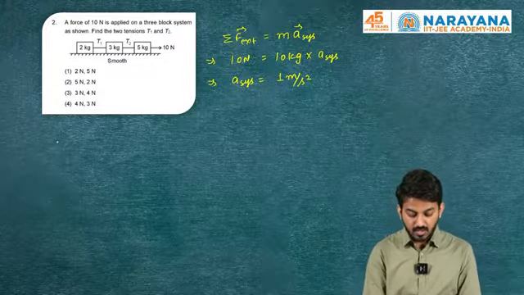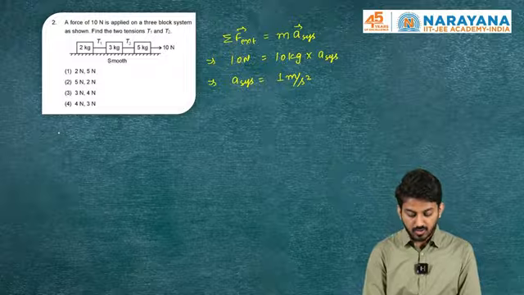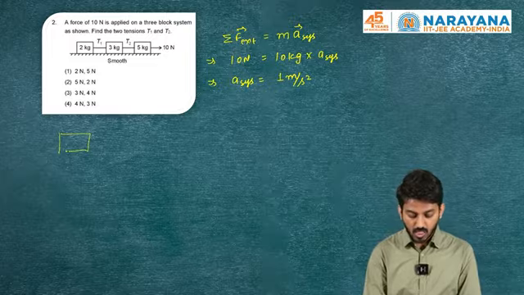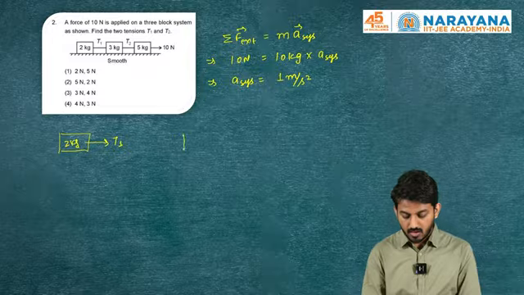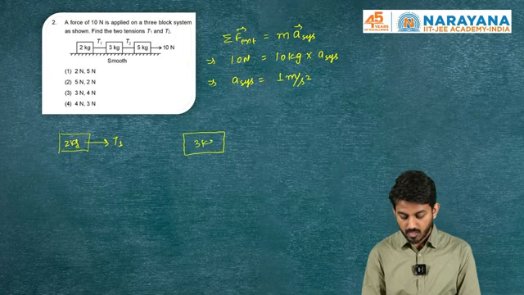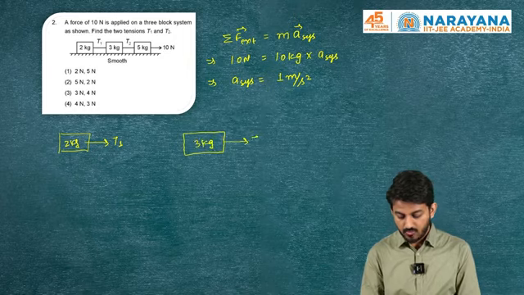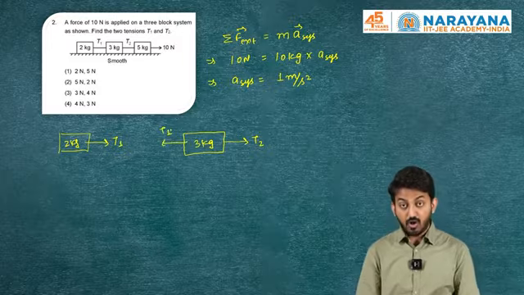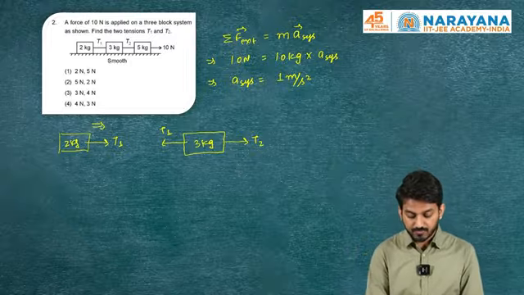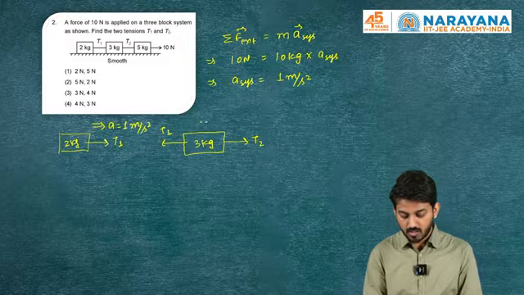Now if we look at the 2 kg block, I can draw the FBD. So we have T1 and 3 kg block. We have T2 and T1. Now all 3 blocks are moving to the right with the acceleration 1 meter per second square, as we have found earlier.